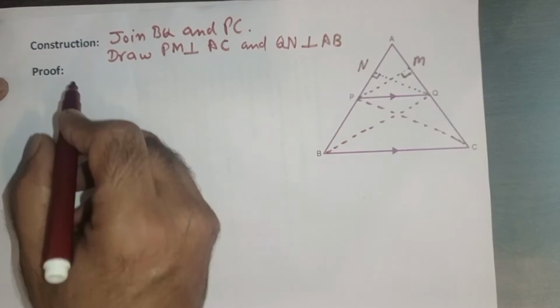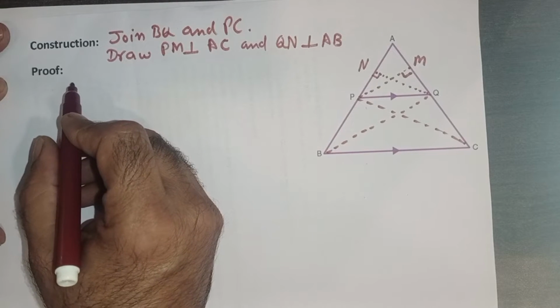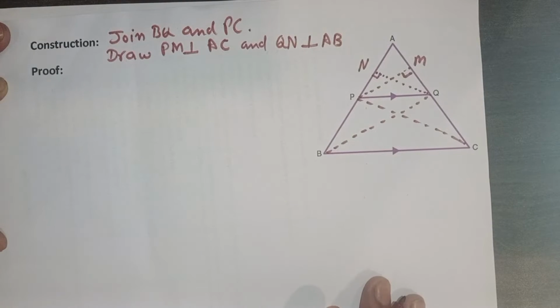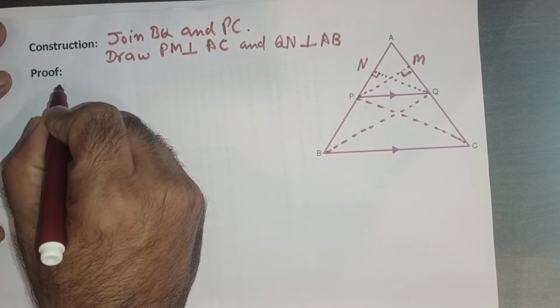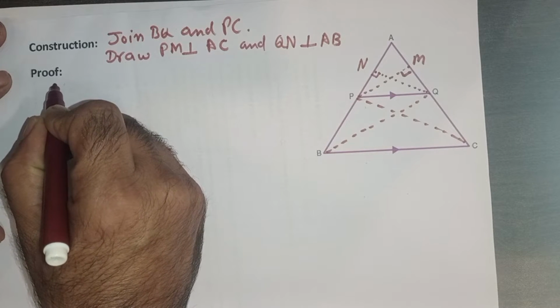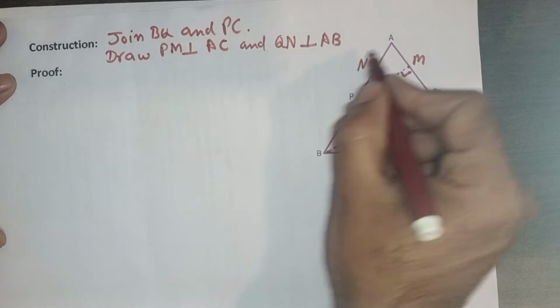Now come back to the proof. Here we shall take two triangles. One triangle we have to take is APQ, this whole triangle.